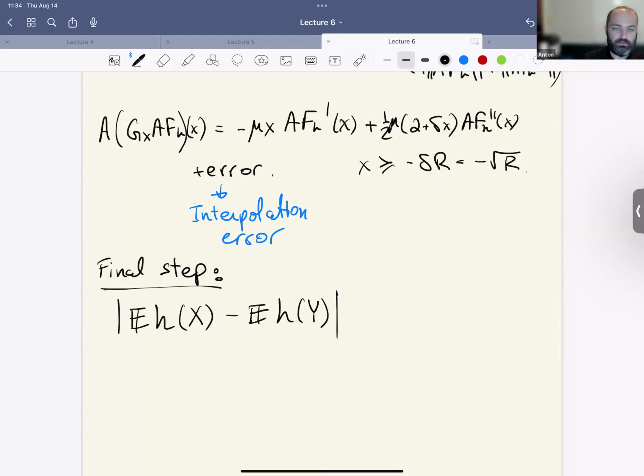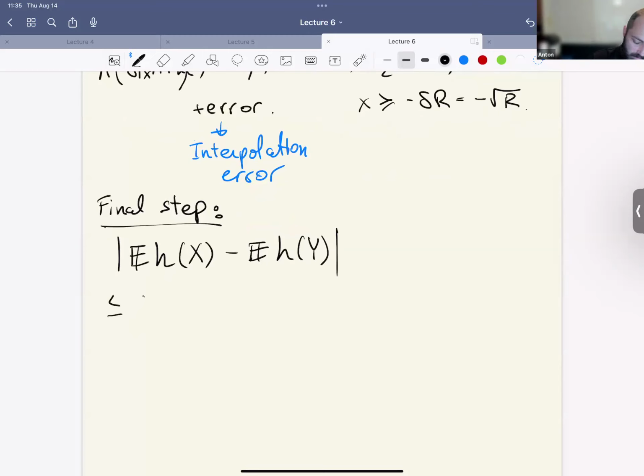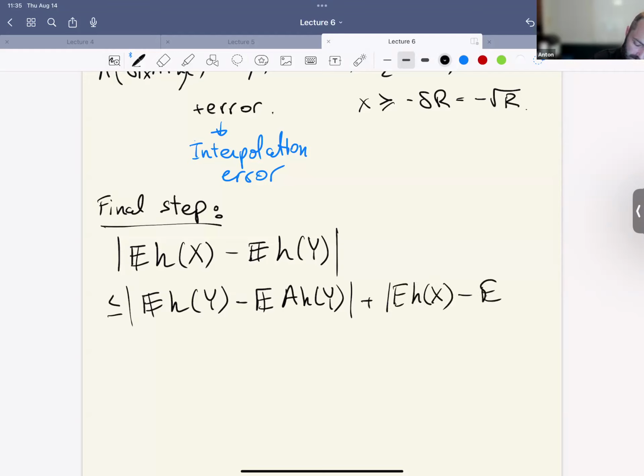Not a h of y, just h of y. The first thing we're going to do is a triangle inequality: h of y minus expected value a h of y, plus expected value h of x minus expected value a h of y.